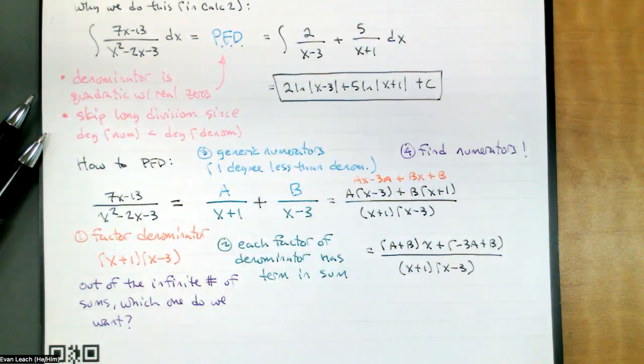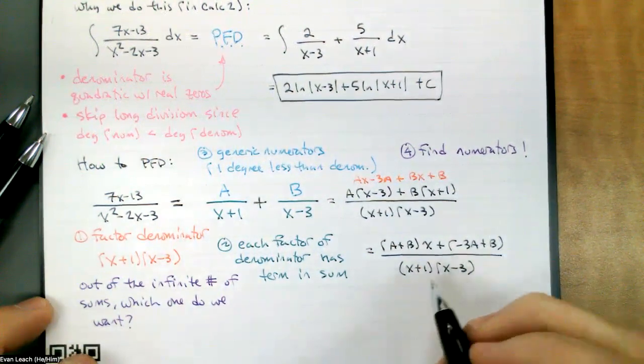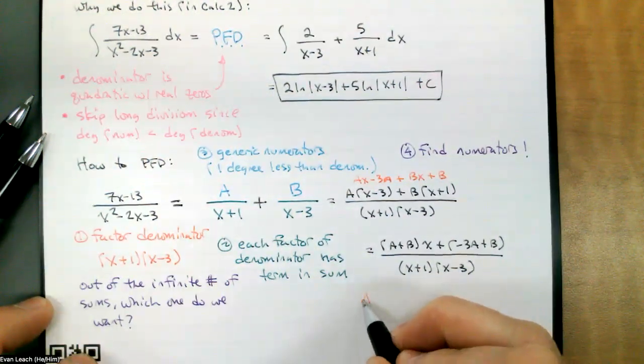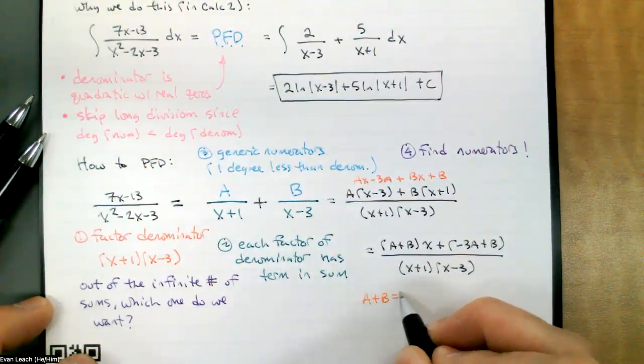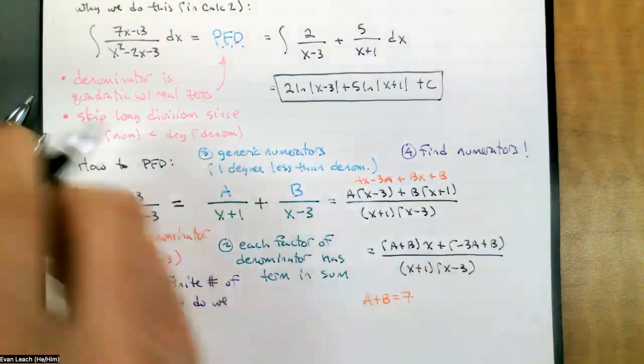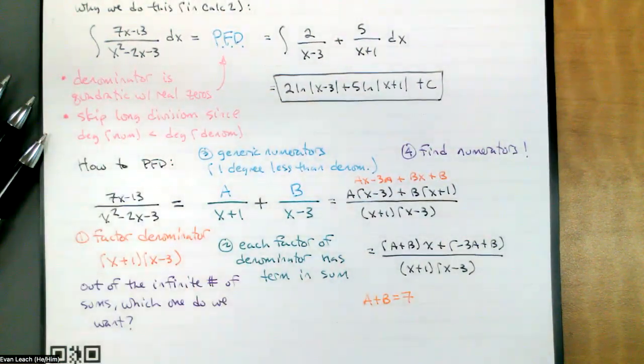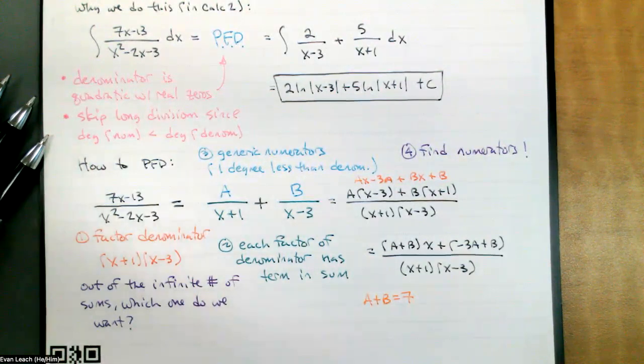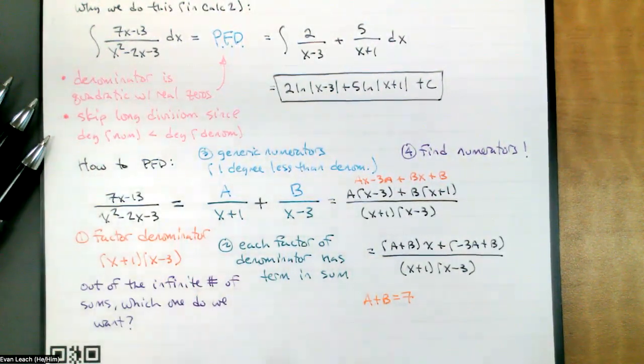That means that the coefficient of x, a plus b, must be equal to 7. So a plus b is equal to 7. And negative 3a plus b must be equal to negative 13.